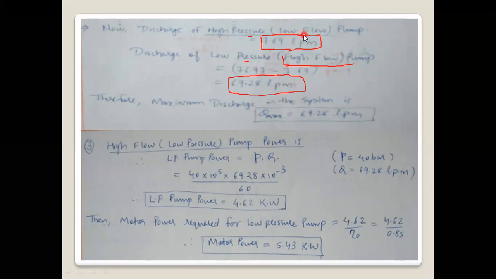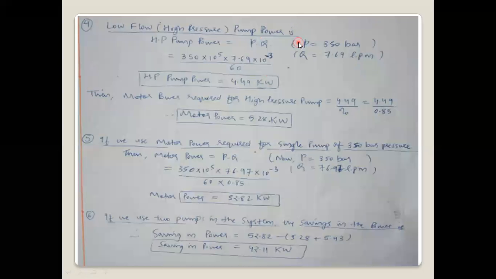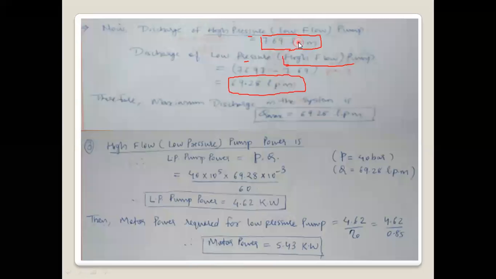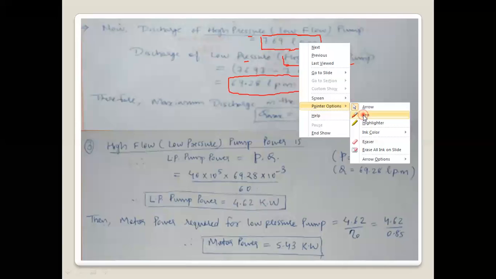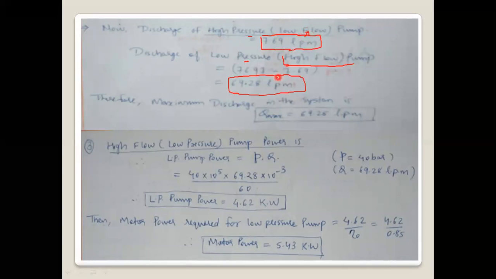So 7.69 is for the low flow pump, and this 69.28 is for the high flow pump. And this total discharge will be around 76.97, which will be the addition of the low flow pump and high flow pump.